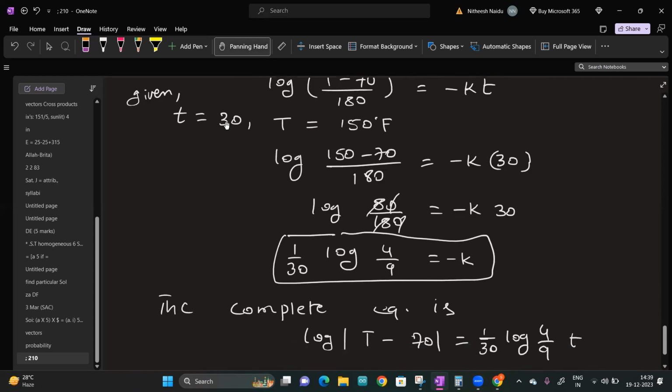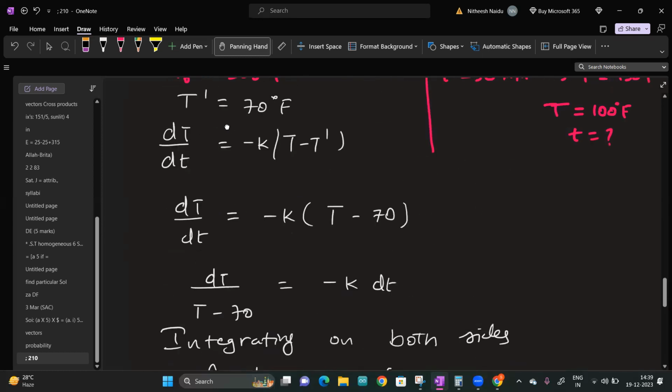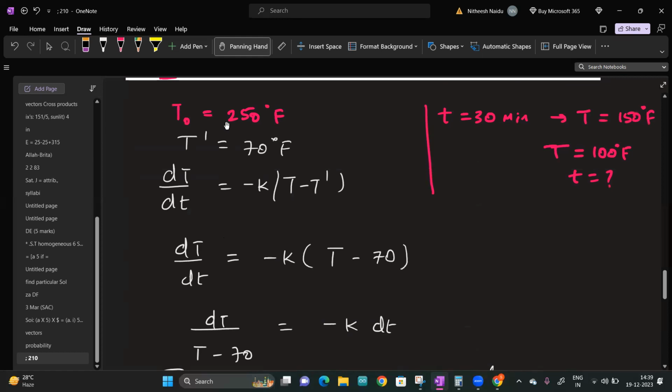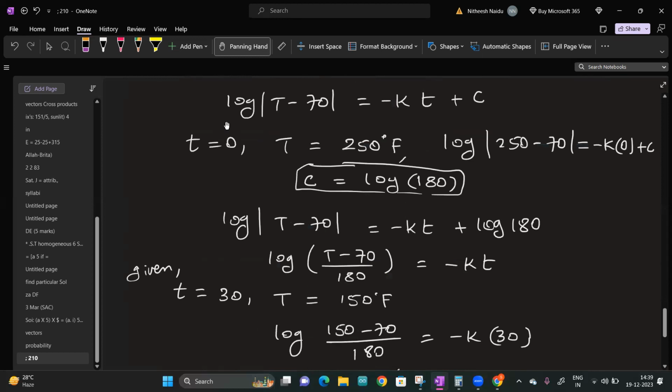Now we are using this equation to get the time period. What is the required temperature now? Check the question. The required temperature is 100 degrees. Look at here, I just wrote here: temperature 100 degrees, at what time is it required?